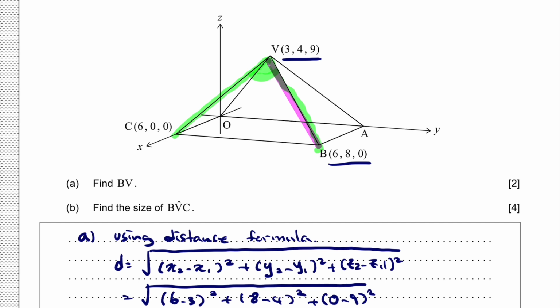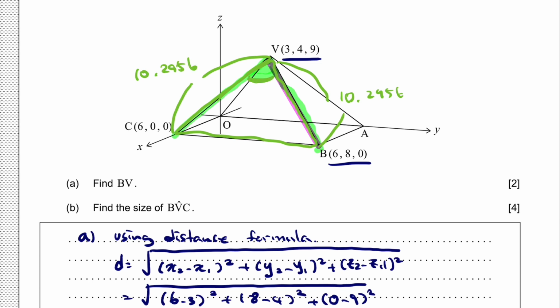And you can see that the length between C and V, the length between B and V are actually the same, because this side actually creates the equilateral triangle. So we can say this is about 10.3, 10.2956. This side is also about 10.2956.